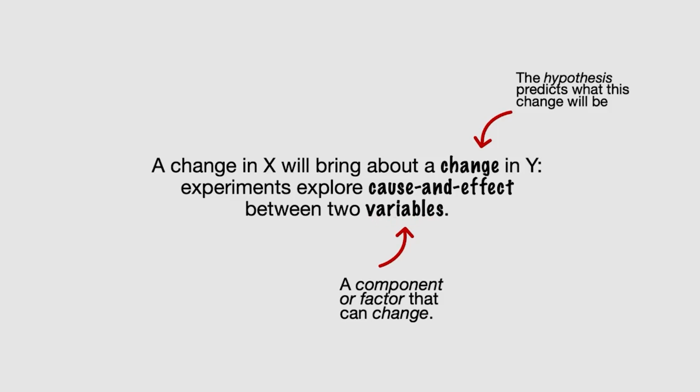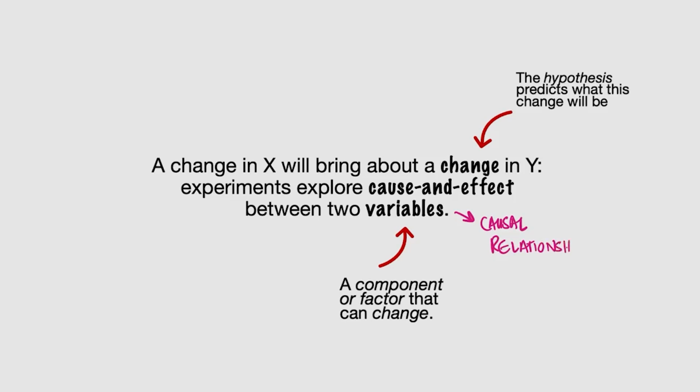Now, remember, a variable is something that can vary, something that can change. The variables are either manipulated by the experimenter or measured by the experimenter, and we'll talk about that next. But for now, remember this, that any experiment is very focused on a causal relationship between two variables.